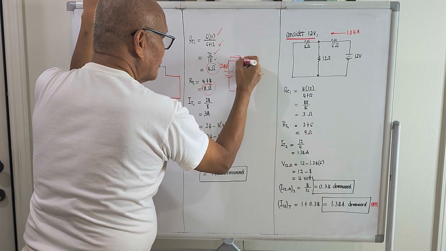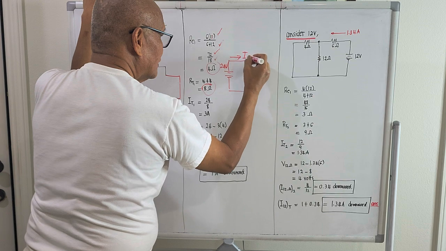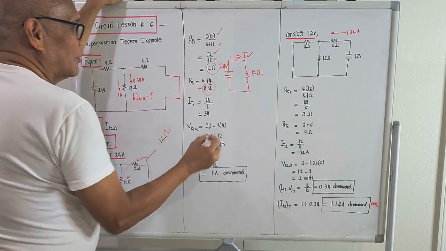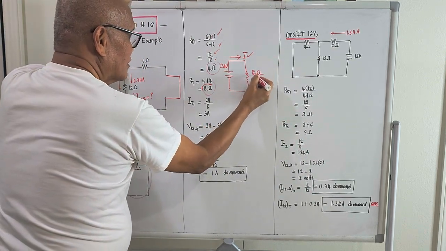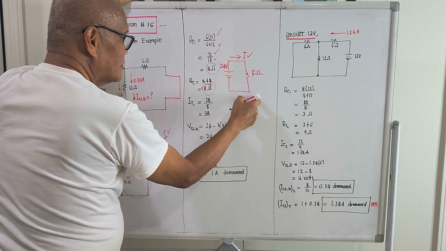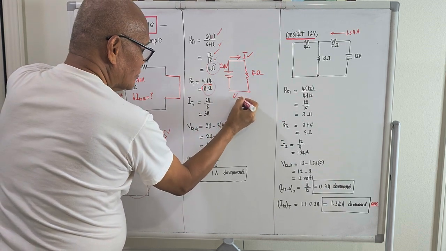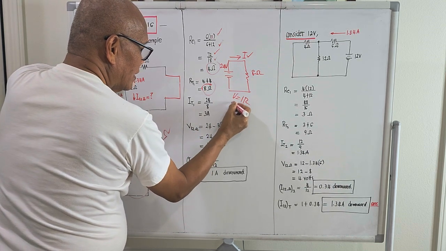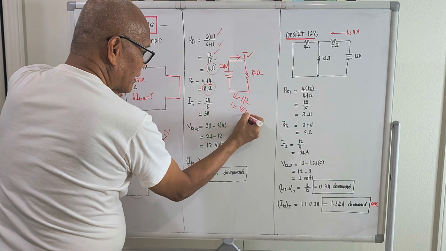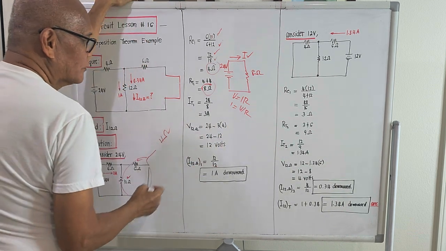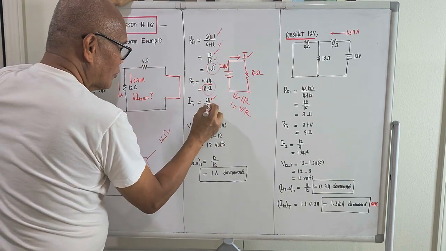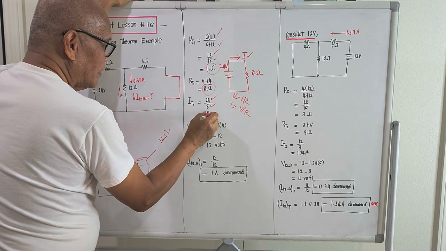So we can compute the total current. We are given a single equivalent resistance connected to a 24 volt source. By using the equation V equals IR, I will be equal to V over R. So it will be 24 over 8, and that will be 3 amperes.